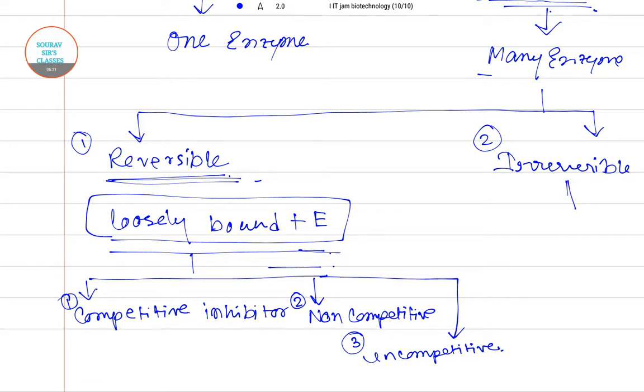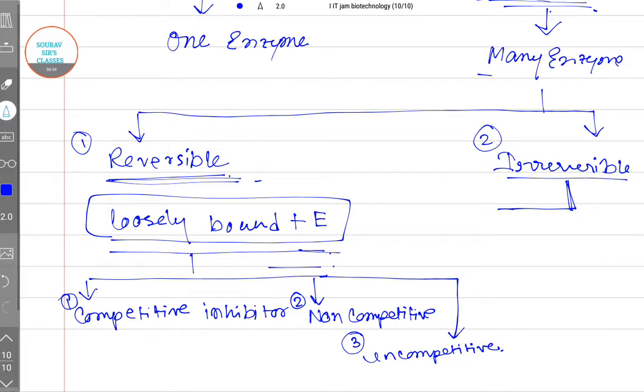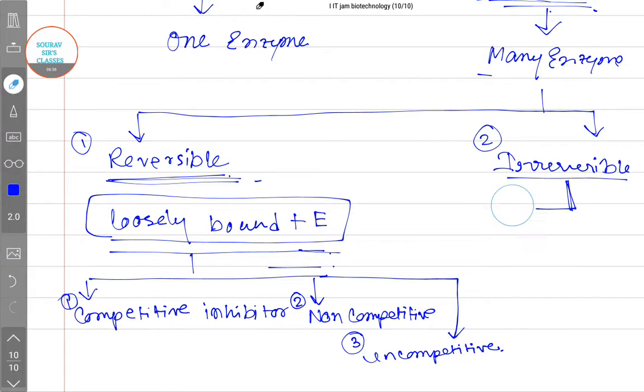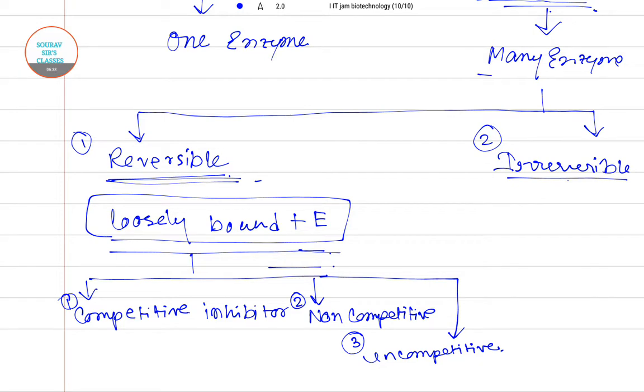Irreversible inhibitors are inhibitors which are covalently bonded with the enzyme. We can't further subdivide them into many parts.